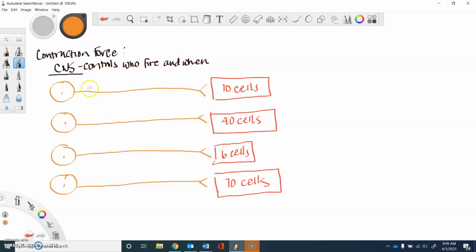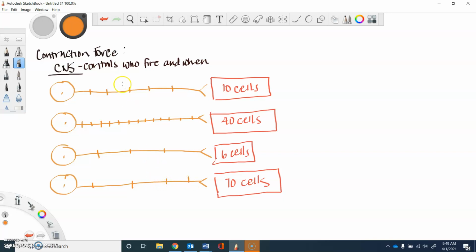So let's say this one's stimulated this many times. Let's say this one's stimulated even more. Let's say this one is a bigger one and doesn't stimulate that well. Let's say this one is here.